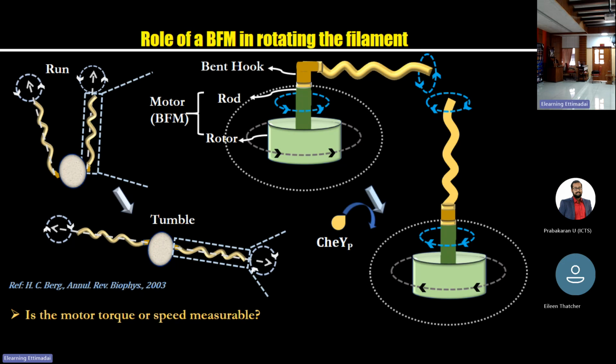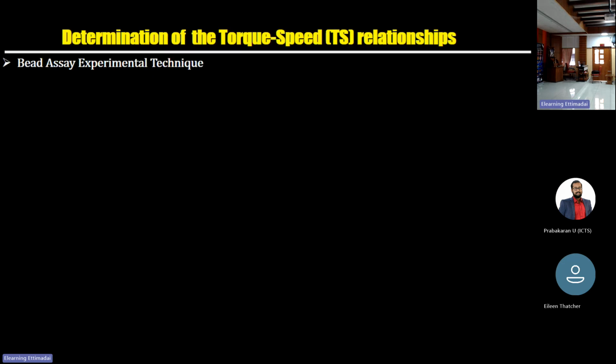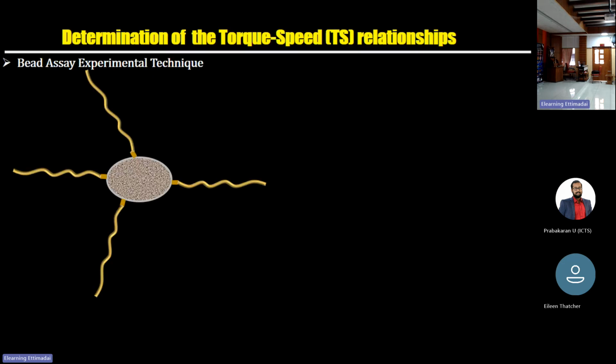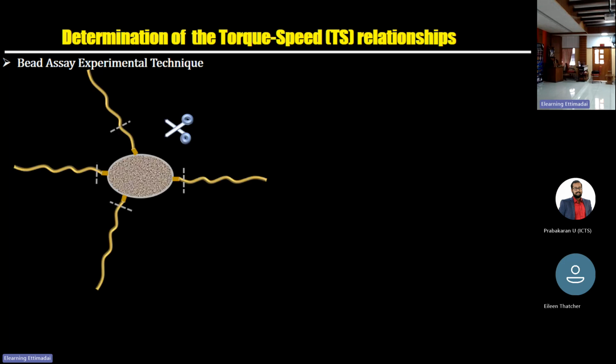Now, are the motor torque and speed measurable? Berg actually measured this rotational speed and torque. I am giving the experimental details at an introductory level. Suppose this is a multiflagellated bacteria. First, all of the filaments except one are truncated.